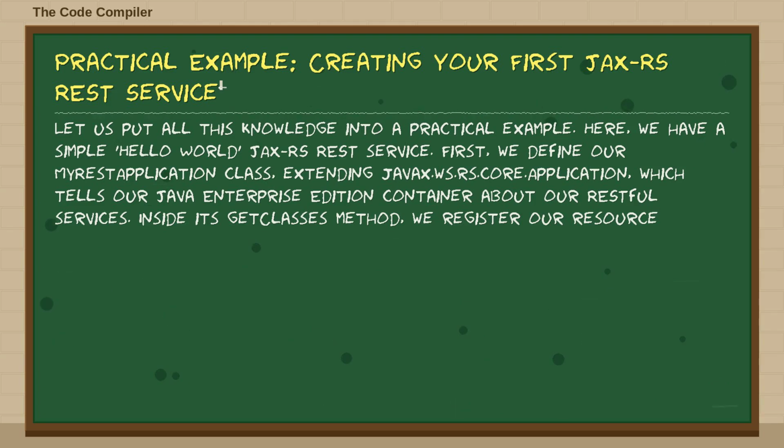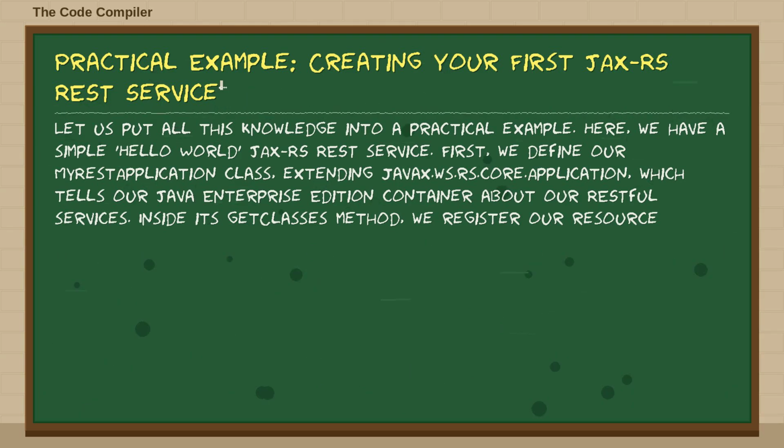Next, our HelloWorld resource class is annotated with @Path("/hello"), meaning all requests to /hello will be routed here. The getHelloMessage method within this class is marked with @GET and @Produces(MediaType.TEXT_PLAIN). This means if you send a Hypertext Transfer Protocol GET request to /hello, this method will execute and return "Namaste from JAX-RS.